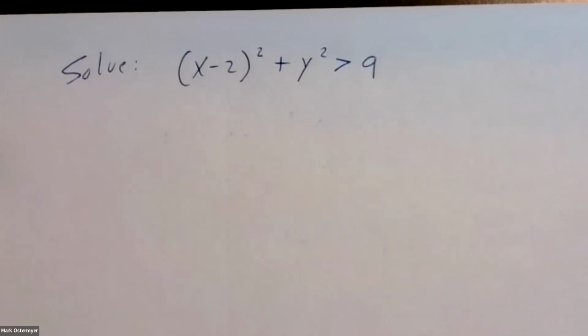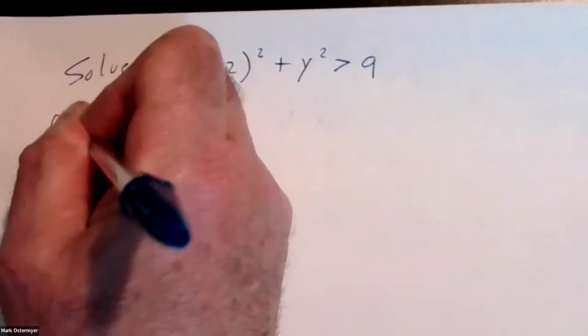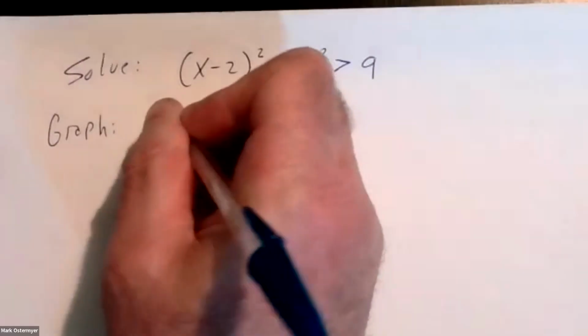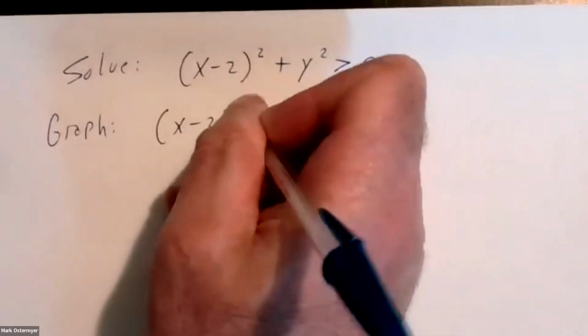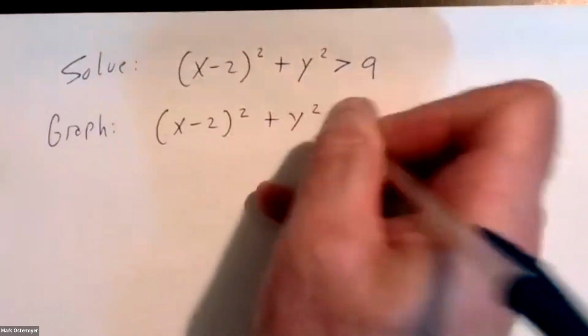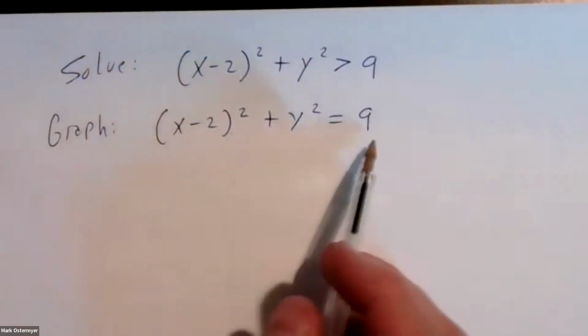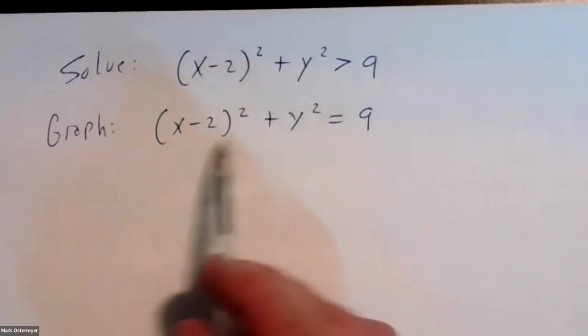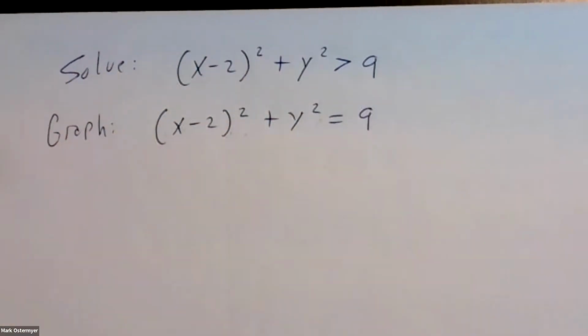How are we going to do that? Well, first of all, we're going to have to graph the associated boundary. So we got to graph the associated equation. And can anybody tell me what kind of a graph this is going to generate? It's not going to be a line.